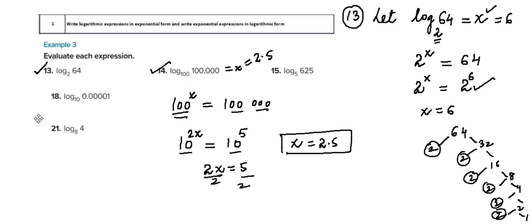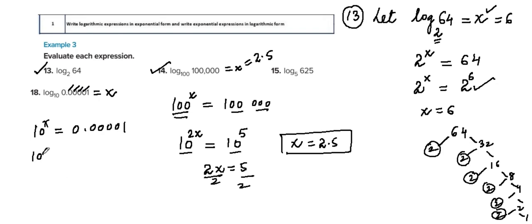Question number 18. Look at question number 18, it is in decimal. The same way, let us suppose this equal to x, and 10 power x is equal to 0.00001. How many zeros do we have here? 1, 2, 3, 4. So how can we write it? We can write it as 1 over, 4 zeros and 5 numbers after the decimal: 1, 2, 3, 4, 5.